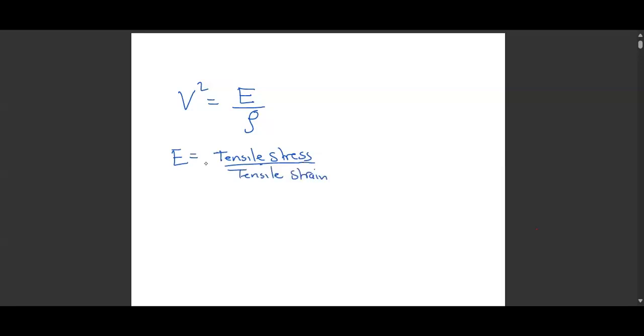Now for this case, our E is going to equal tensile stress, which is given by force divided by area, divided by tensile strain, which is extension divided by the original length L. So it is very important for us to know the formulas of some of these quantities.